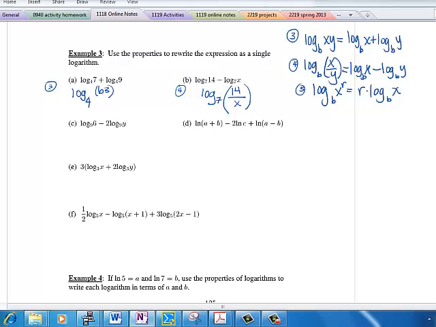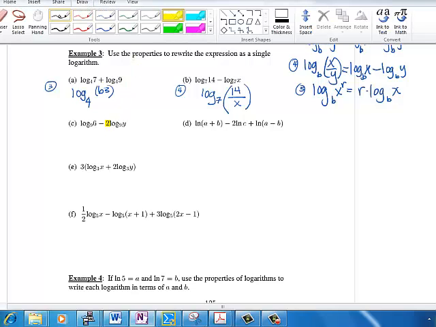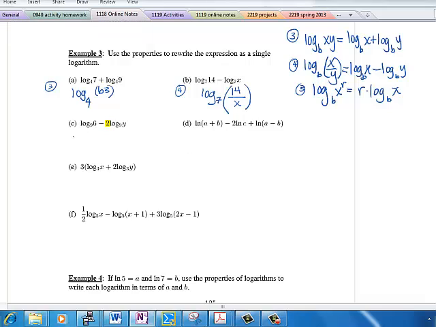The next one, notice this 2 is kind of in our way. We need to move this 2 out of the way before we can combine these into one logarithm. So first we'd want to use property 5 to move that to 2.